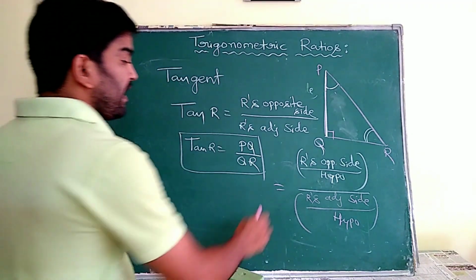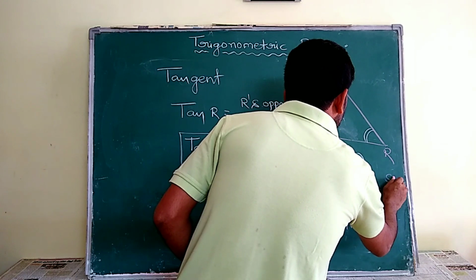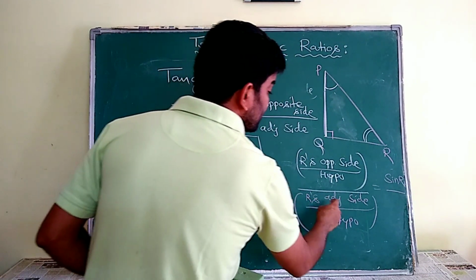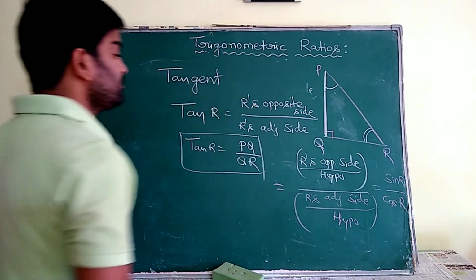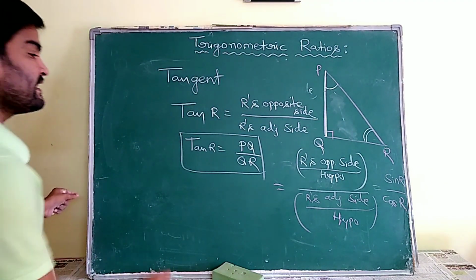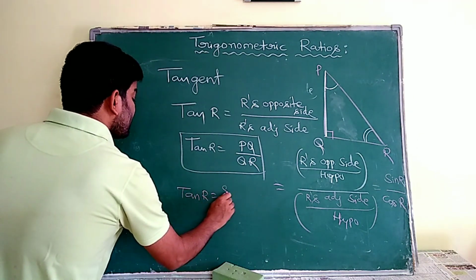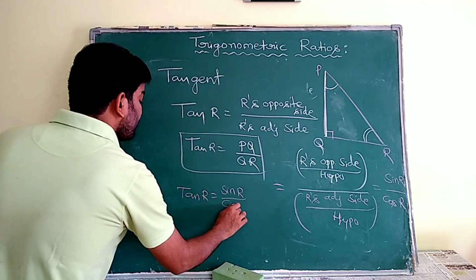We know that opposite side to R by hypotenuse is sin R, and R's adjacent side by hypotenuse is cos R. So tan R is again expressed as sin R by cos R.